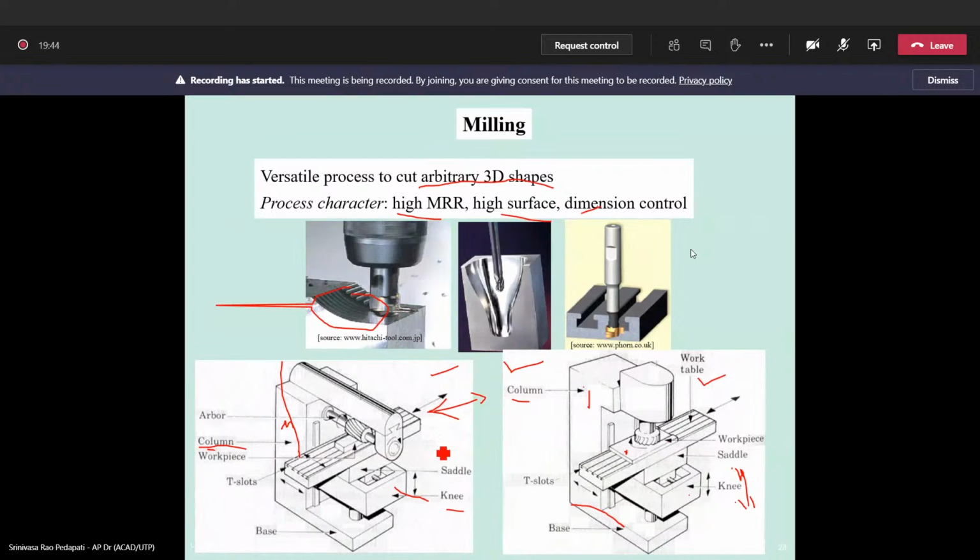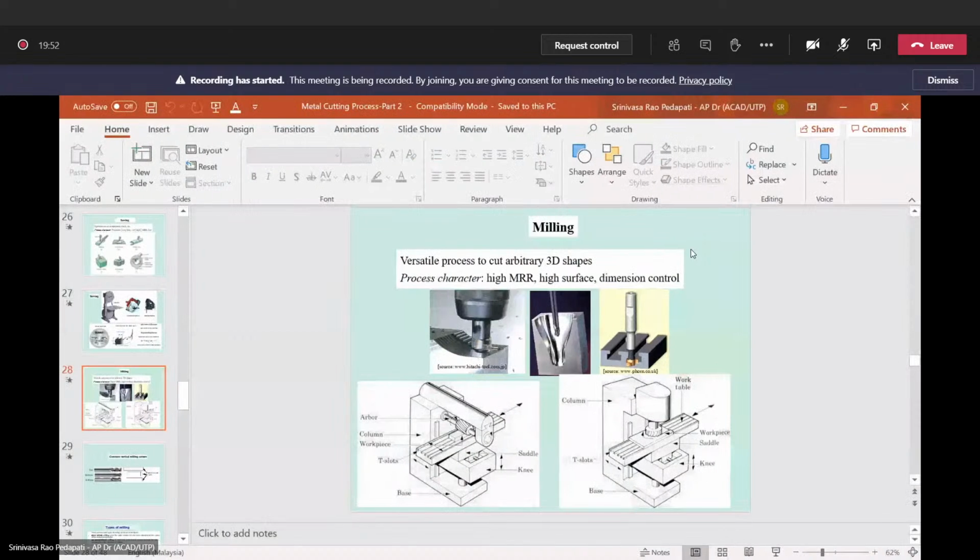Everything is the same. So what is the difference? Can anybody observe the difference and tell me? What is the difference between those two figures?